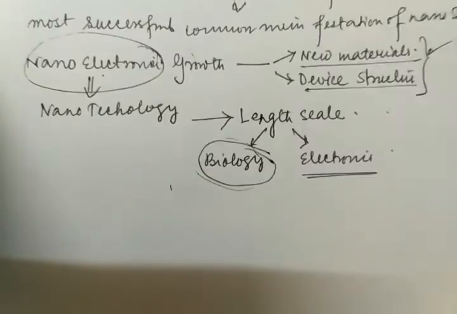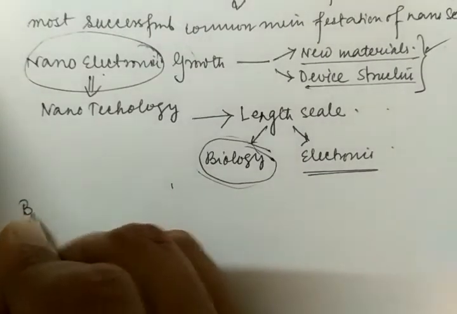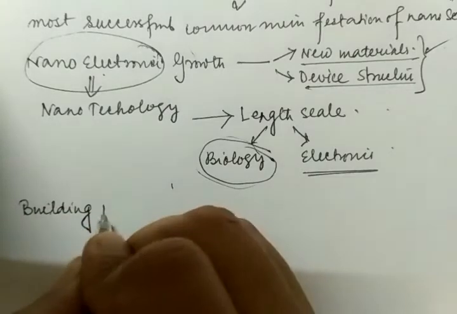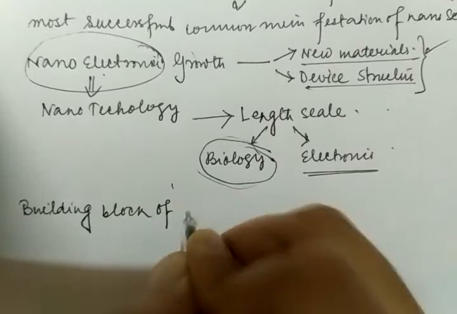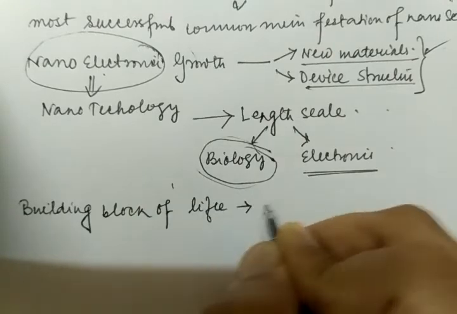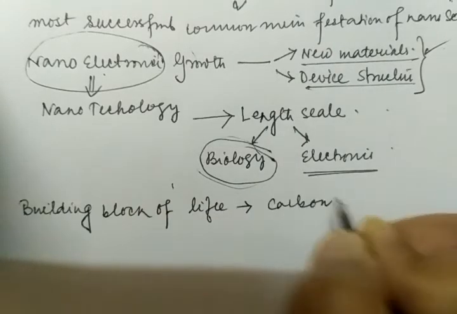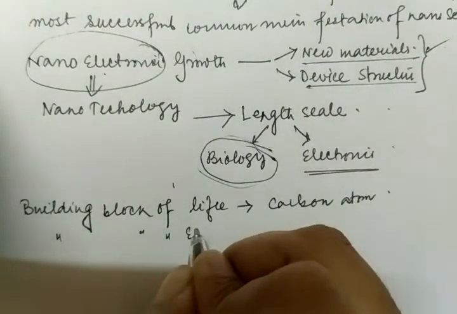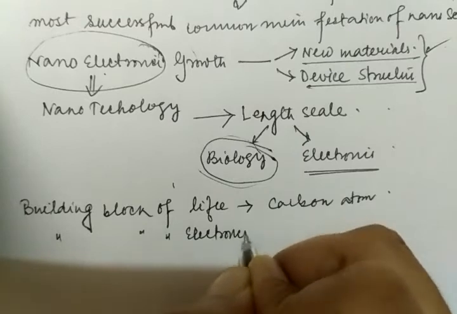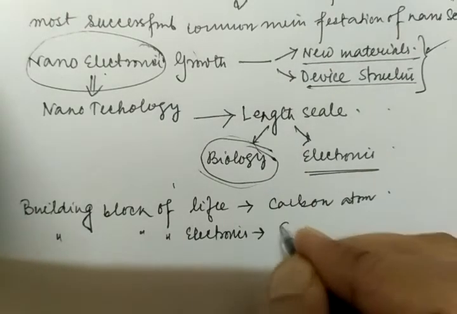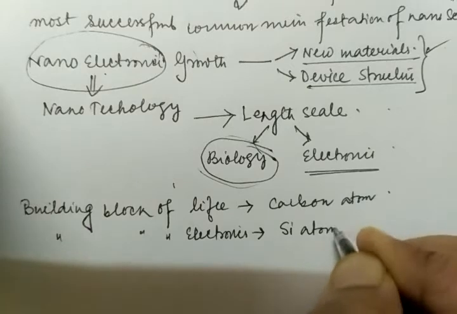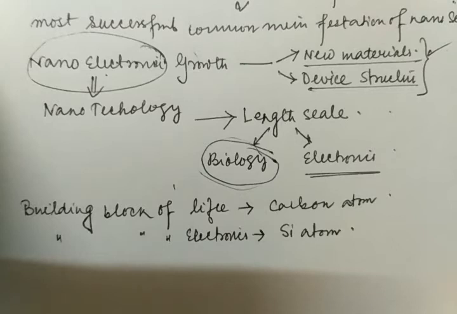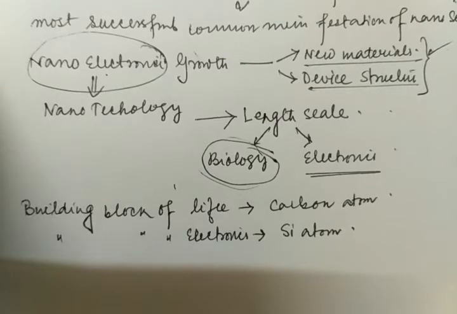The building block of life is the carbon atom, and the building block of electronics is, yes, we have already studied, the silicon atom, because it is the most used material.